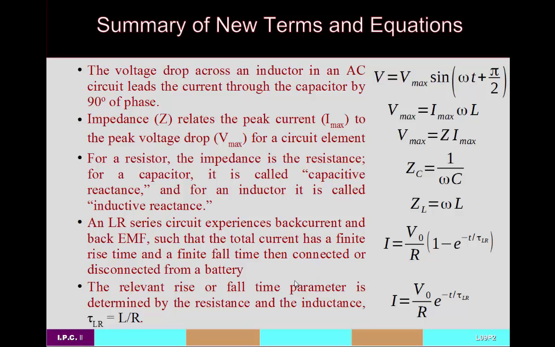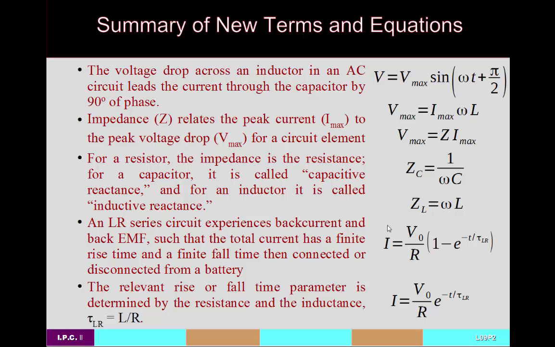a resistor. The difference being that instead of being concerned about the current, we're usually concerned about the charge. So it would be charge equals initial charge times all this stuff, where this time parameter is replaced by the RC time constant, and similarly here.